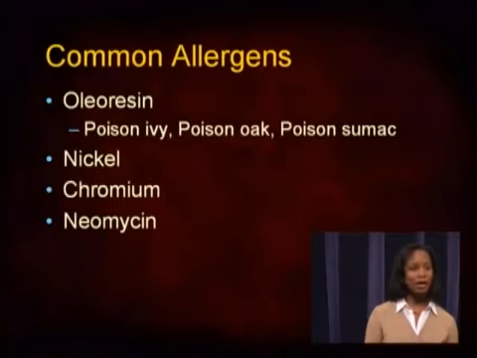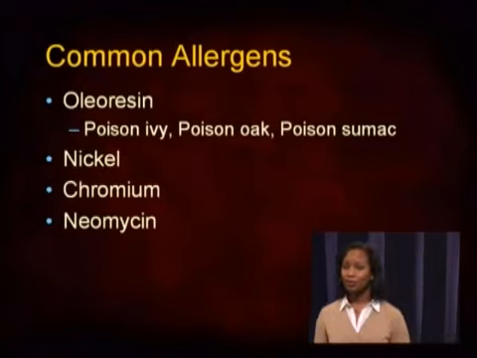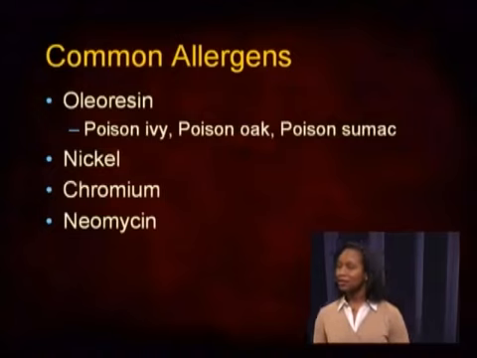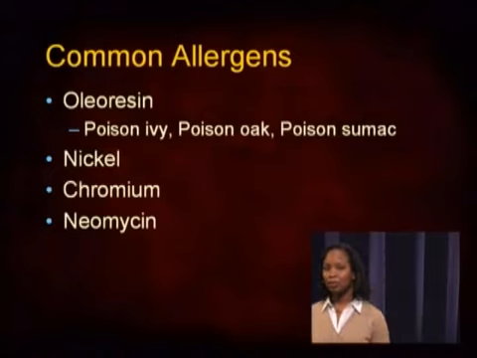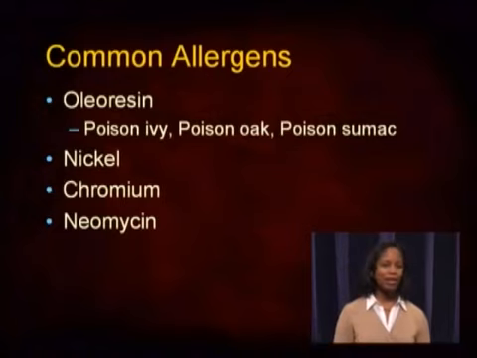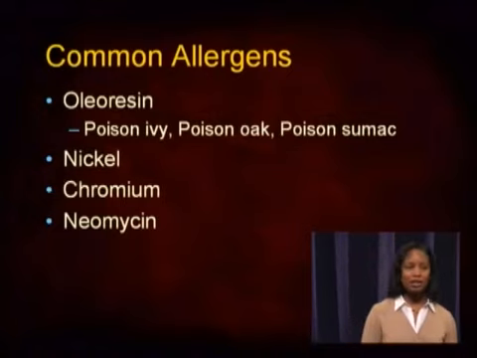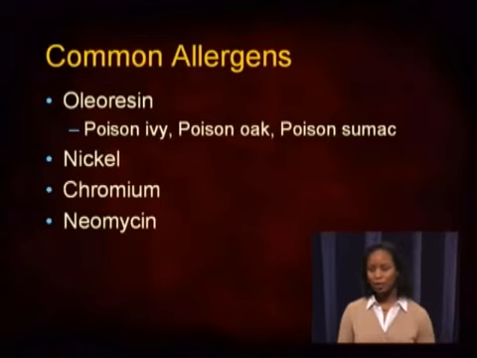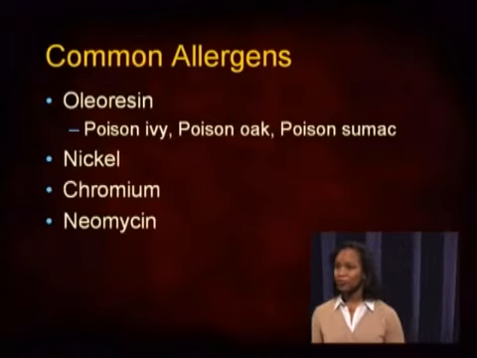So there is a small population of people who can roll around in poison ivy and not have a problem with it, but the majority of us do have an allergy to it. Nickel is also high on the list of things that people are allergic to, so think about costume jewelry, but also other places that you might not think about, like belt buckles and metal buttons on our clothing, which can also cause a problem in people who have nickel allergy.